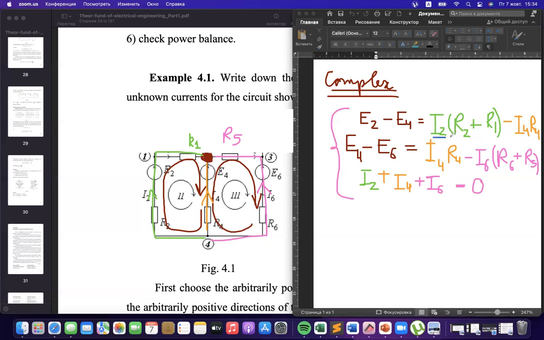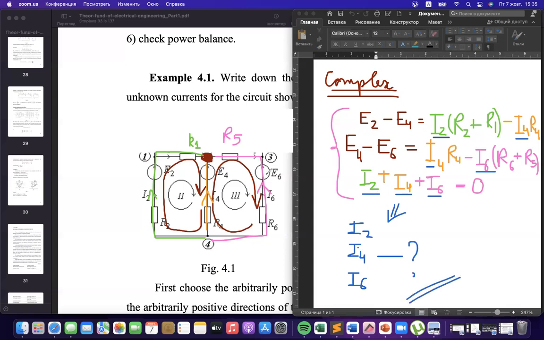And unknown variables: I2, one unknown variable, I4, the second, and I6, the last one that should be found. These 3 unknown variables should be found from the system of equations. And it is the solution. We are making a matrix from these equations and finding the value of currents. The task will be solved.